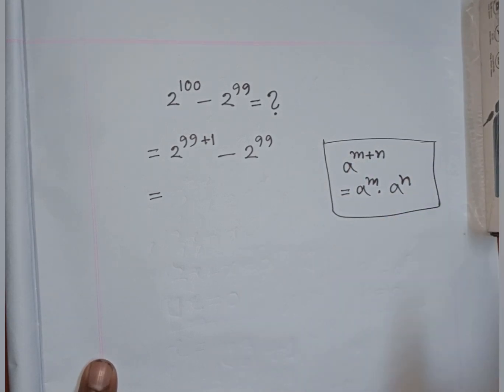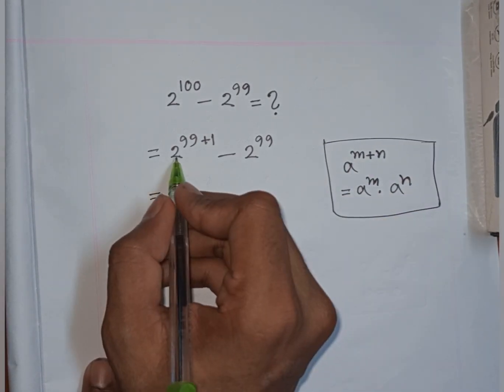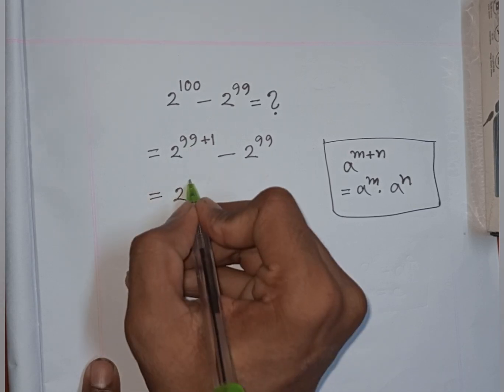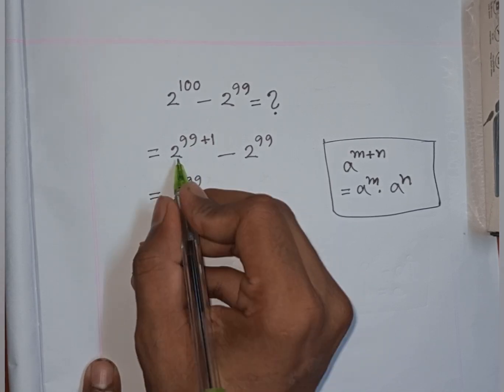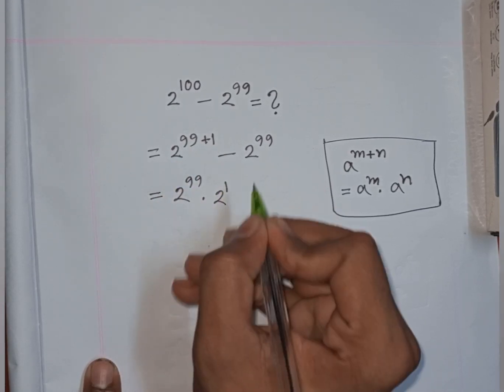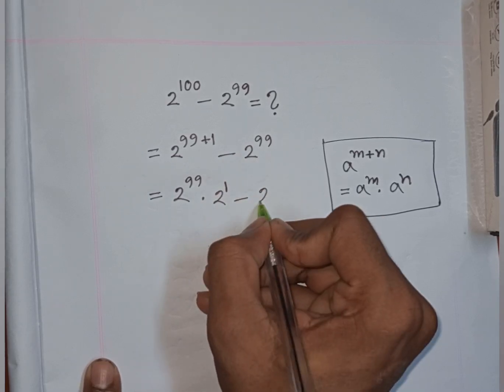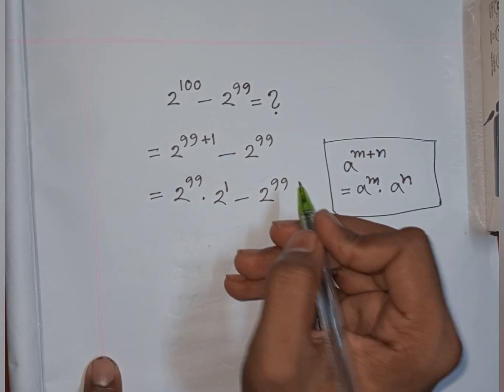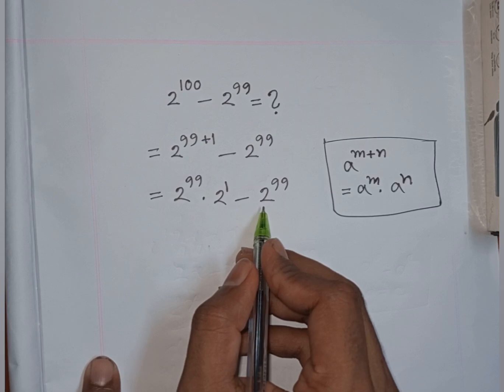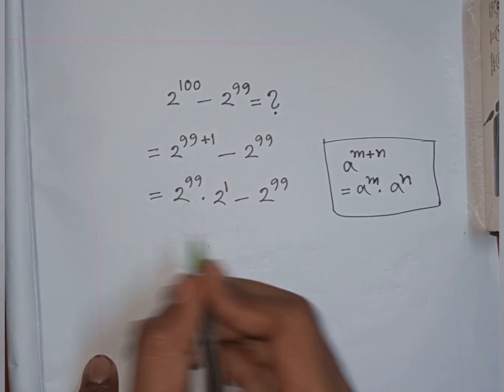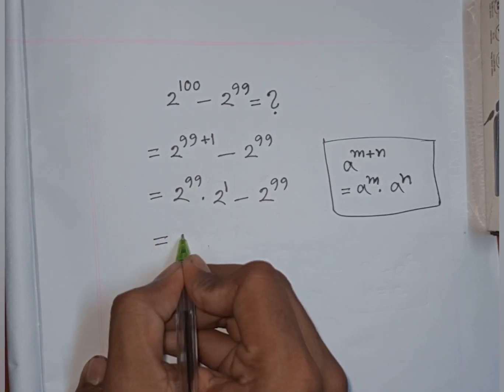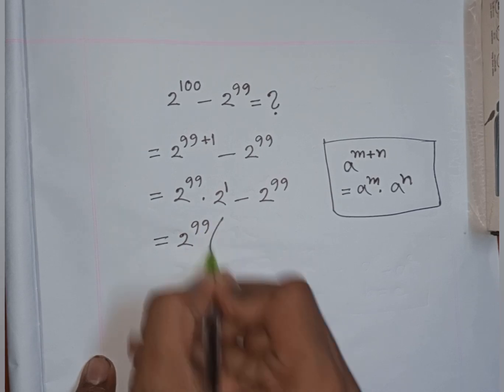So according to this rule, you can write here 2 power of 99 times 2 power 1, then minus 2 power of 99. Now we see 2 power 99 is common. So 2 power of 99 is out of the bracket.